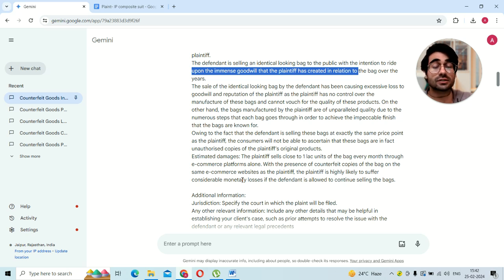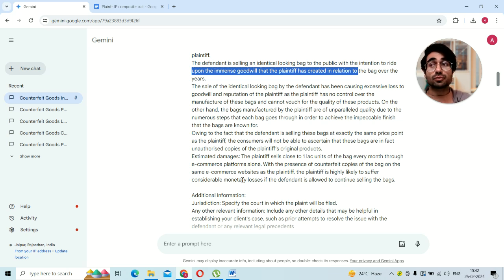And remember, these goods are very popular. As far as the plaintiff is concerned, the plaintiff's identity is attached to those goods. So if those goods are going to be of a bad quality, a lot of people may perceive these goods to be actually coming from the plaintiff, right?